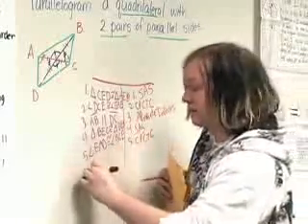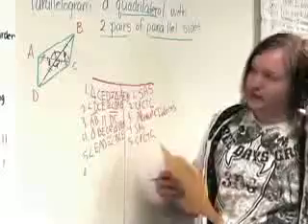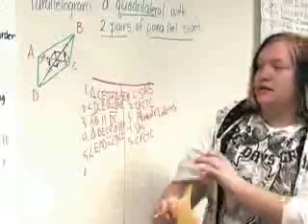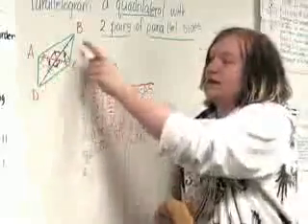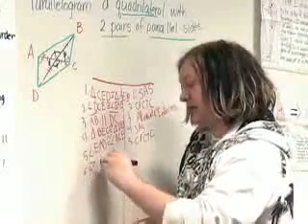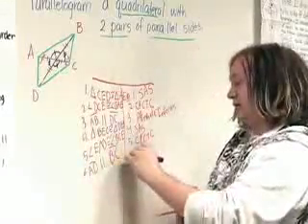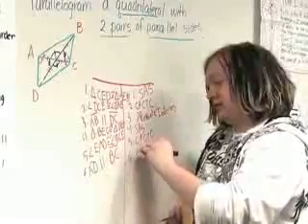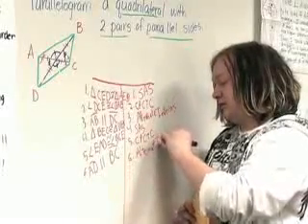And then again, because of alternate interior angles, you can use AC as a transversal for sides AD and BC. So you have AD parallel to BC through alternate interior angles.